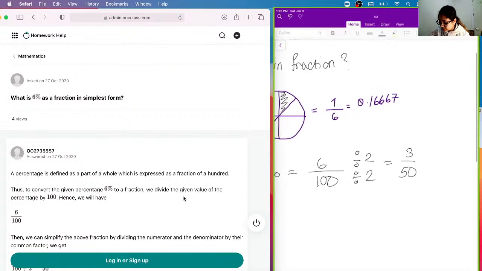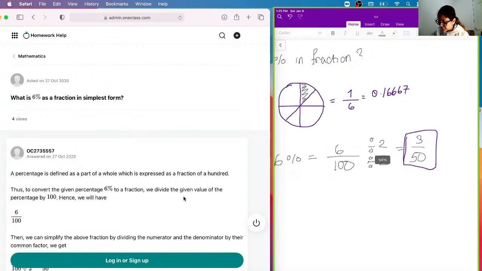And so you get 3/50, and we want to see if we can simplify this even more. 50 is not divisible by 3, so this is basically your simplest form. And so therefore the percentage 6%, when written as a fraction, is equivalent to 3/50.